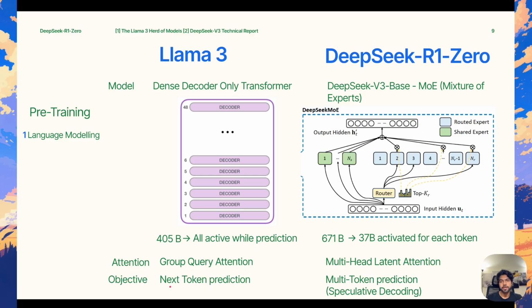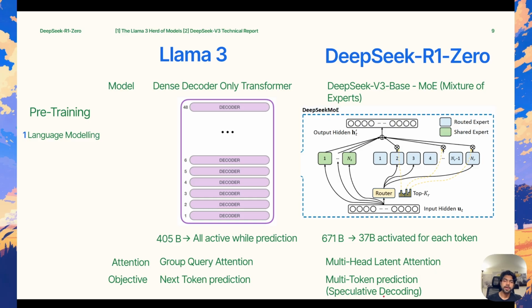In LLaMA 3, as explained earlier, next token prediction is used. That is, it predicts a single token at a time. Whereas in DeepSeek V3, multiple tokens are predicted at an instance. This was done to assist an advanced form of decoding known as speculative decoding.